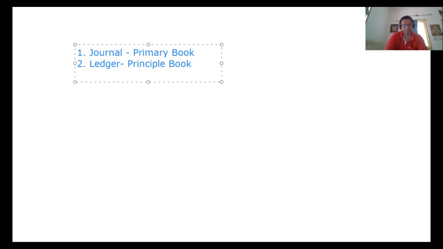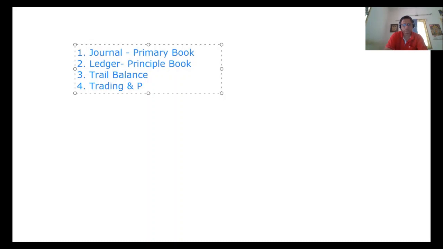Then we have the trial balance. The fourth one is trading and P&L, and then the fifth one is the balance sheet. So these are all the 5 portions of accounting which we are going to do now, right?